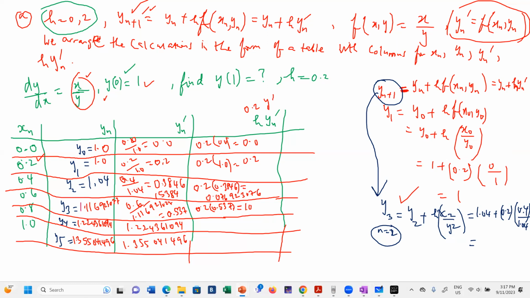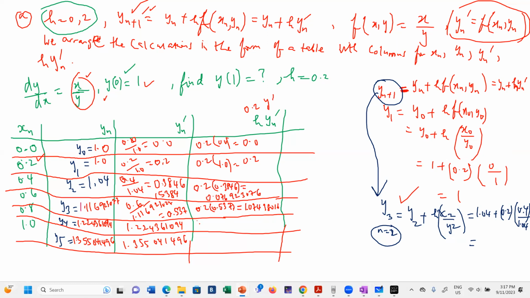1.0. If you multiply this one, 1.074. 38016.